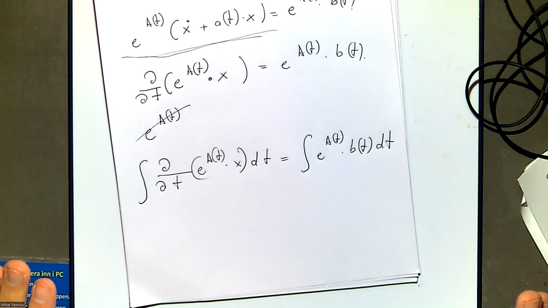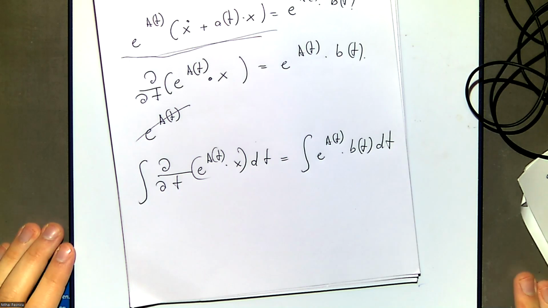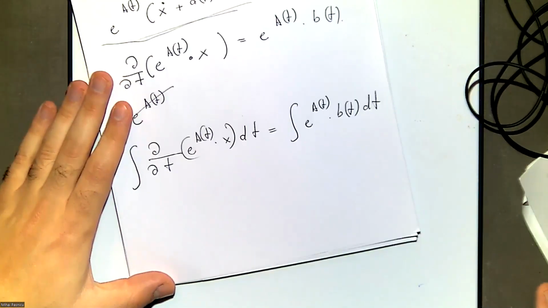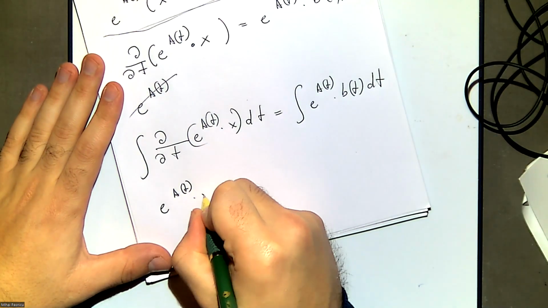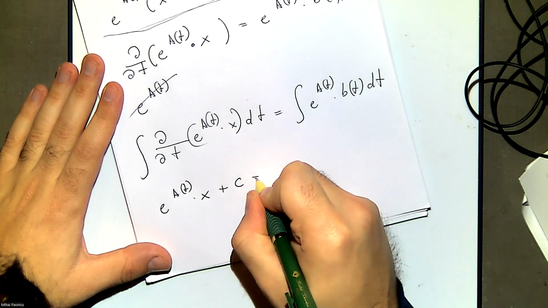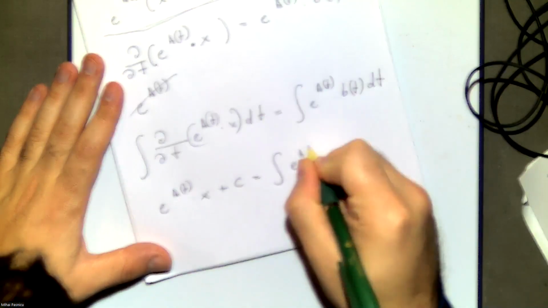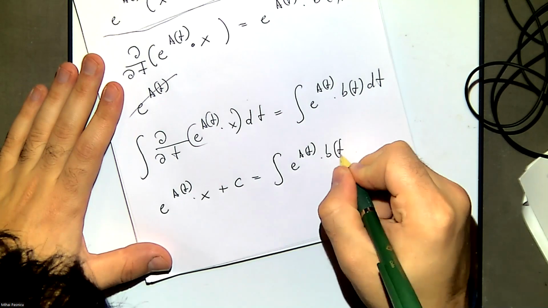And now you're basically almost done, because this integral is by definition just e^(A(t)) times x plus a constant, equal to this integral of e^(A(t)) b(t) dt.